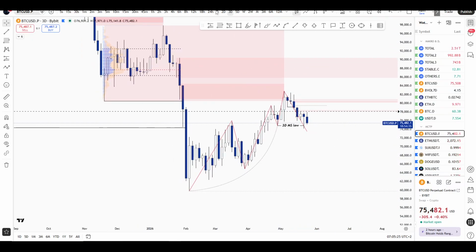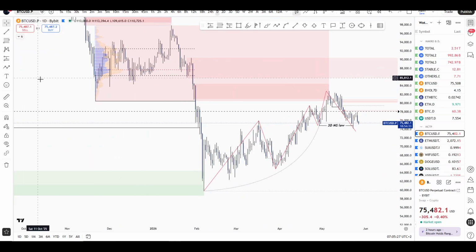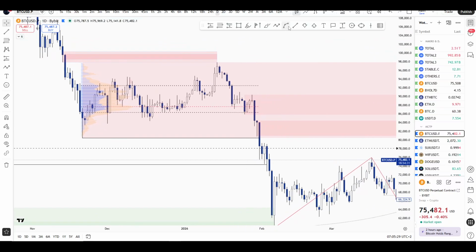Even here, if you have a look, we broke market structure here. So this was a confirmed break, one clean candle with displacement, and then we went a bit higher, went lower, and again lower high, lower low.